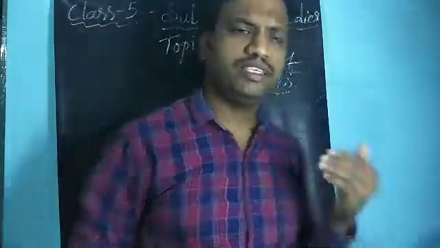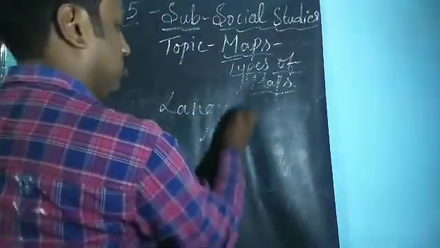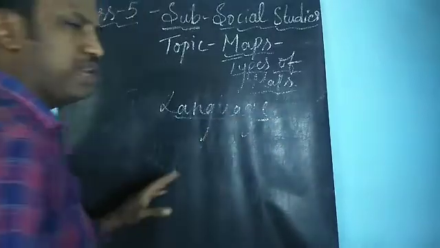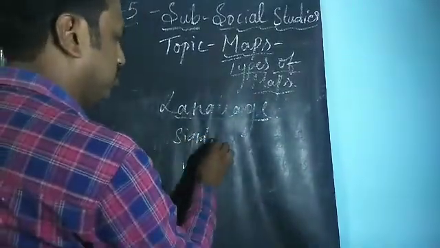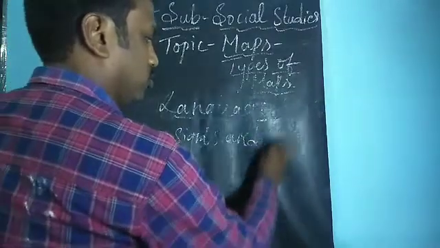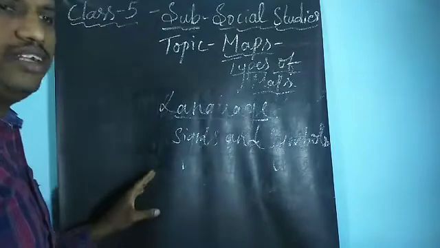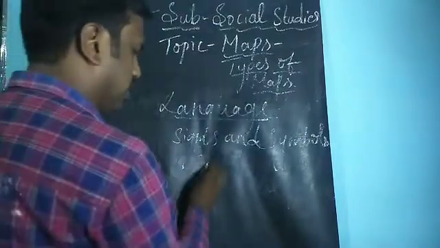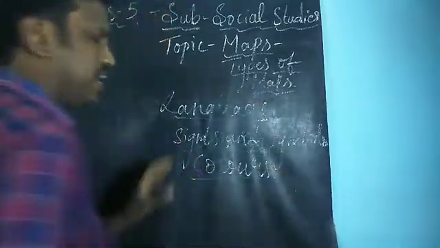And as we discussed about the language of the map, the language of the map consists of signs and symbols, and the colors which we are going to use in a map. So these are the language of the map.